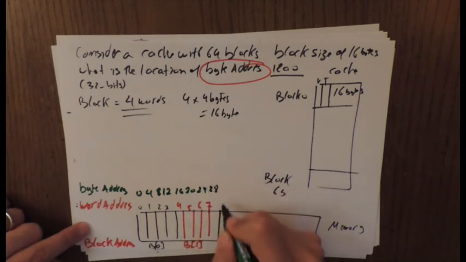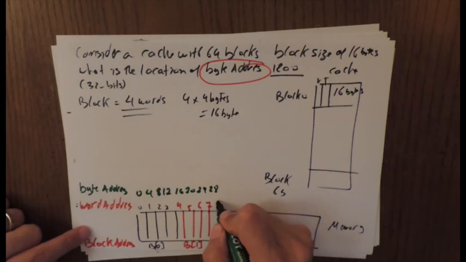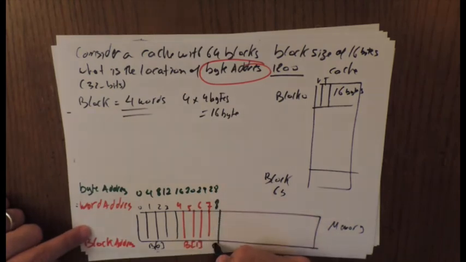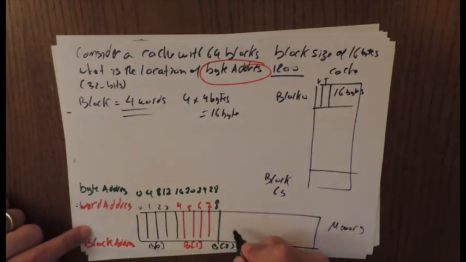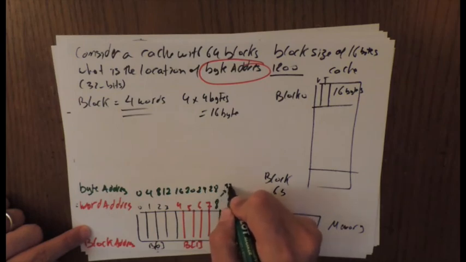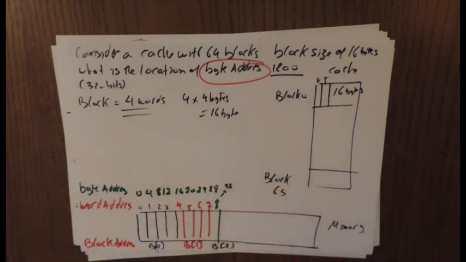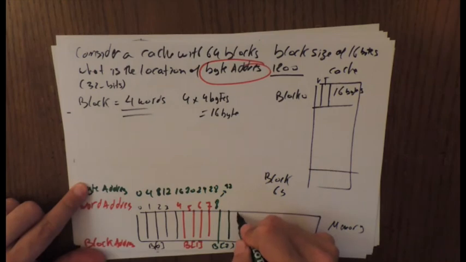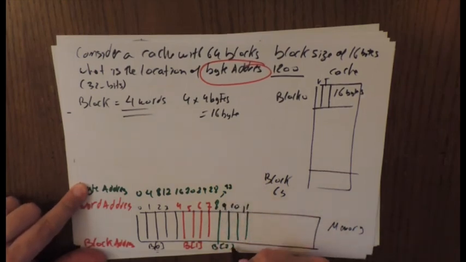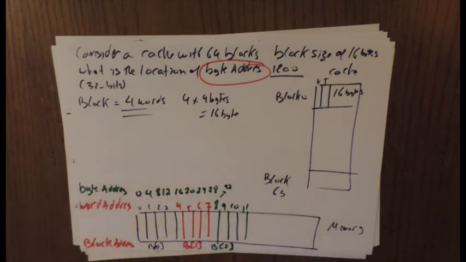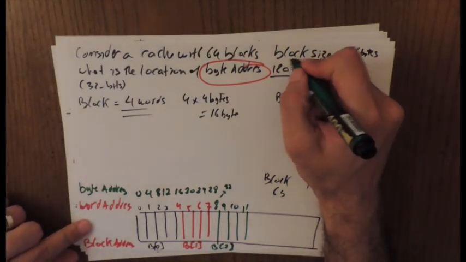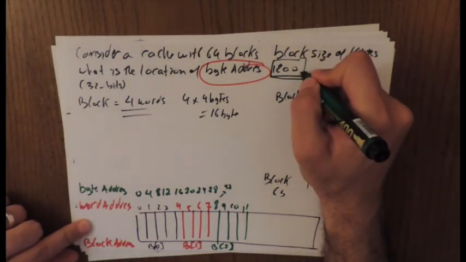And of course here we have word number 8, which will be the start of block 2, and will be byte 32. We can continue: 8, 9, 10, 11, and this is block number 2.